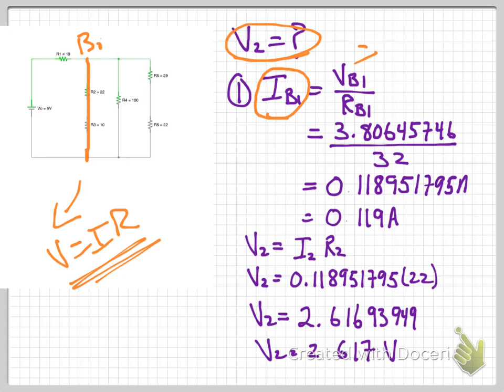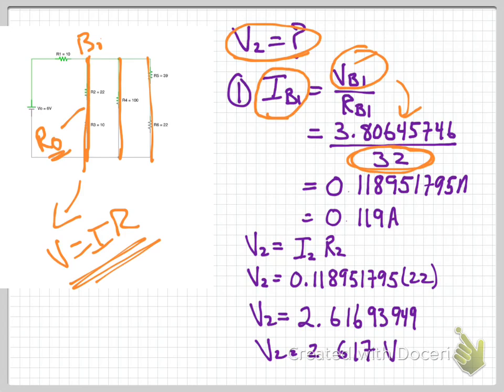We know that the voltage of B1 is 3.806 volts, because that's what we calculated already. That's what's remaining from that 6 volts, and we know that that's going to be the same voltage across each of these branches. We're now going to divide by 32, which is the total resistance of branch B1. And so we divide those two, again using Ohm's law, and that's going to get us our 0.119 amps.